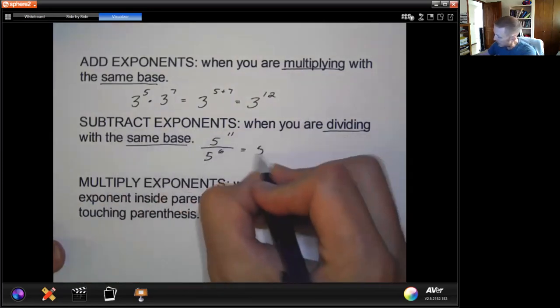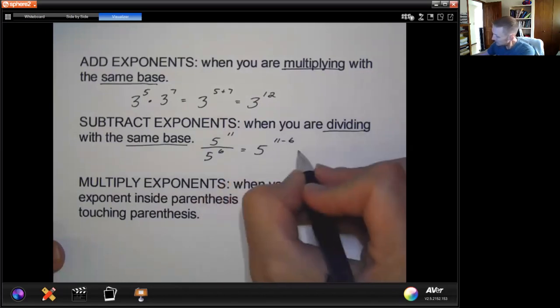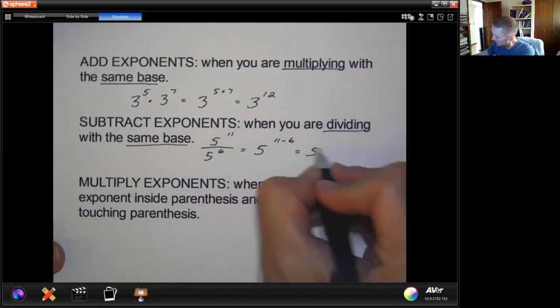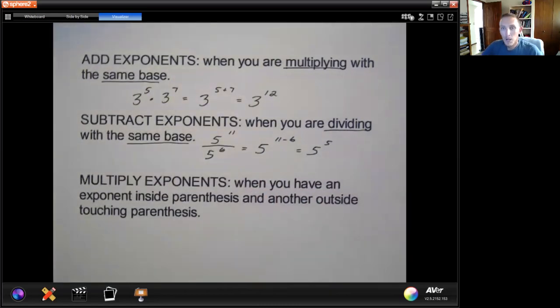So this becomes 5 to the 11 minus 6, which is going to equal 5 to the 5th power. And the reason for this is because I'm basically going to be taking that instruction and decreasing the number of times that I have 5 multiplied by itself.